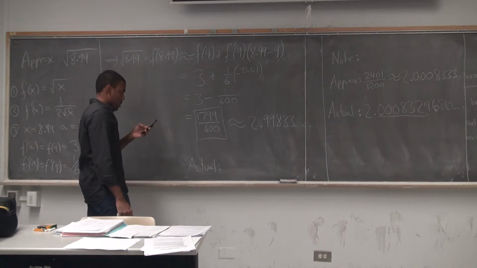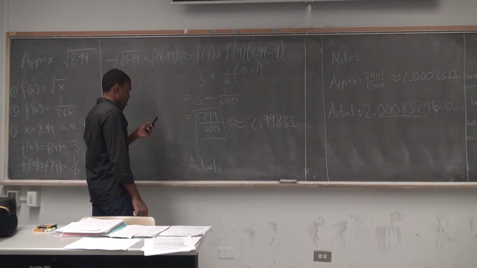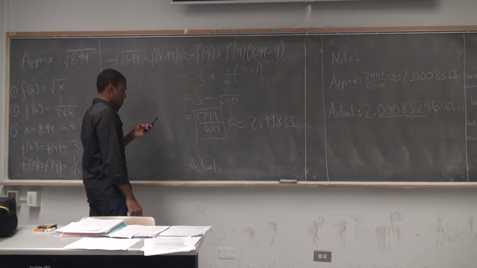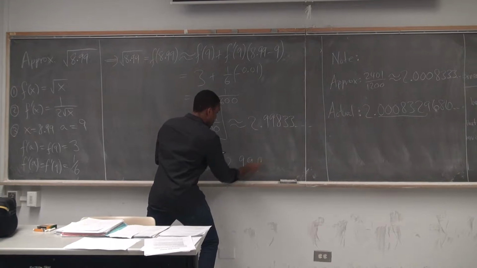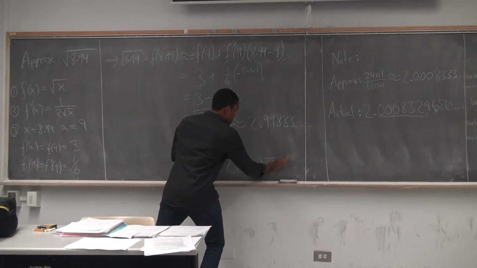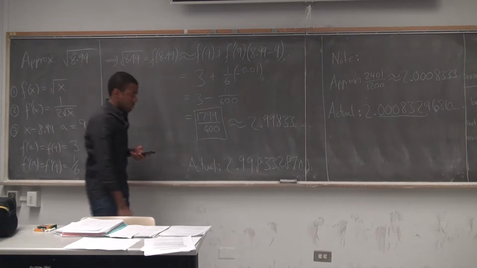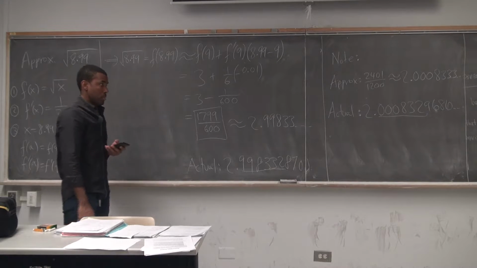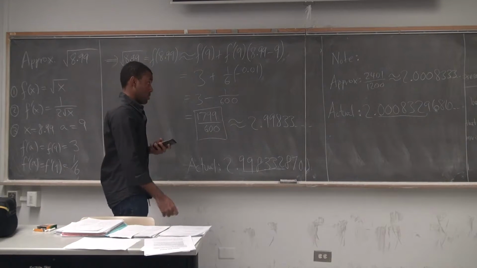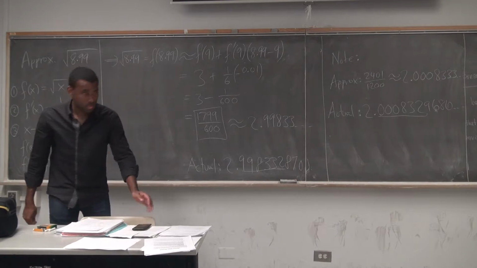Square root of 8.99. The actual answer is 2.9983328701. Up to rounding, I'm good to 6 decimal places, which is nice. That's it.